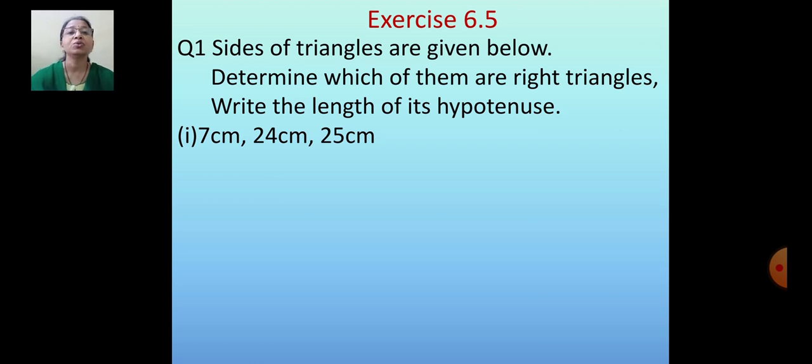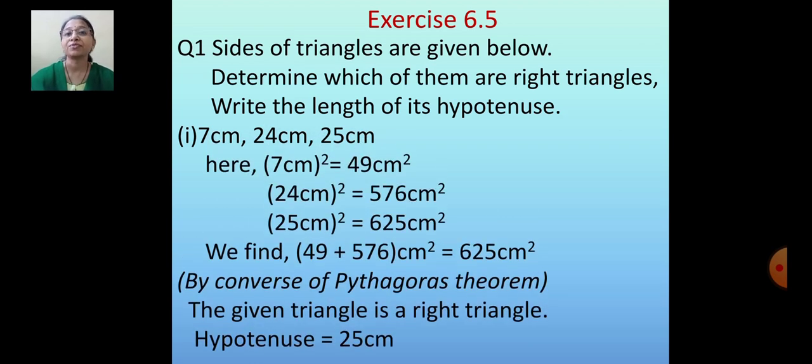What we will do is, one by one, find out the squares of each side. Square of 7 centimeter is equal to 49 centimeter square. Square of 24 centimeter is equal to 576 centimeter square. Square of 25 centimeter is equal to 625 centimeter square.